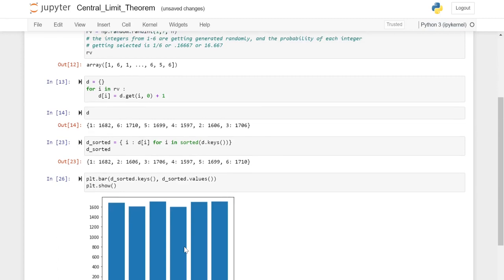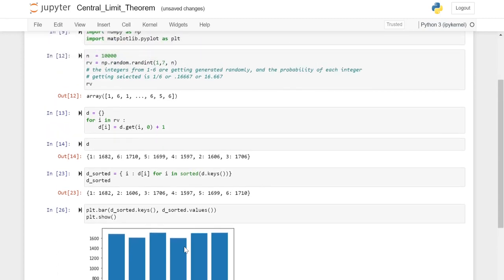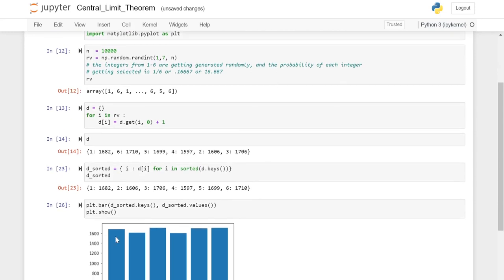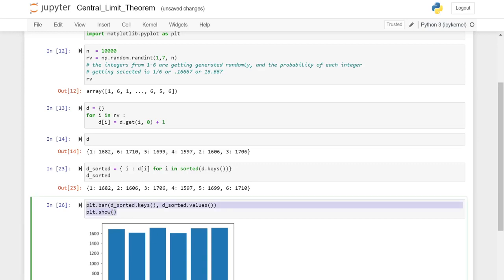is increase the value of this n. And when we do that, this is going to be almost the same. Before we do that, let us consolidate these lines.